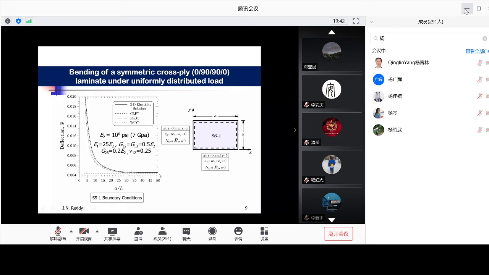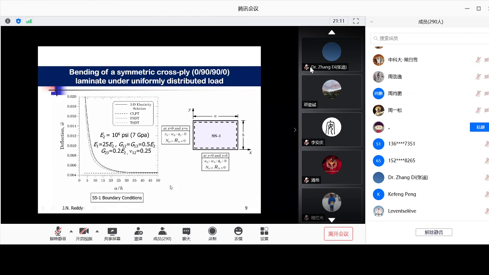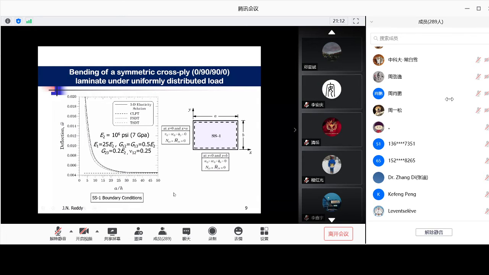Whereas the third order theory will show that, and I'll show that picture in a moment. But you can see for this problem, the deflections predicted by both first order theory and third order theory are very good in comparison to the elasticity solution. But stresses is a different matter.